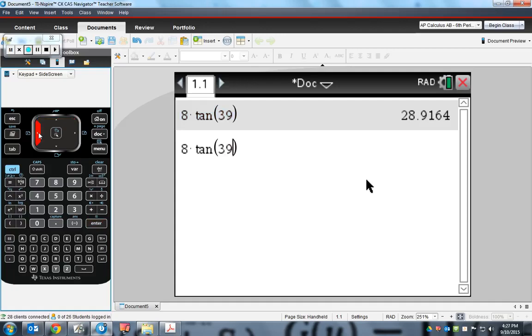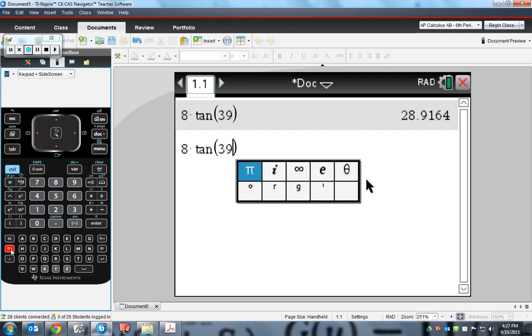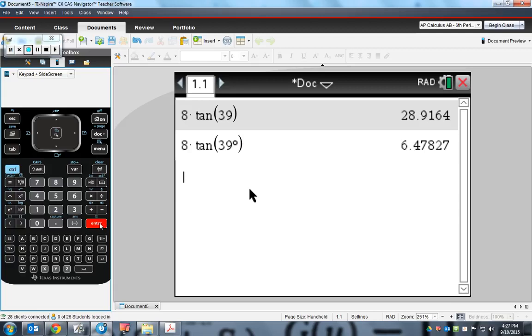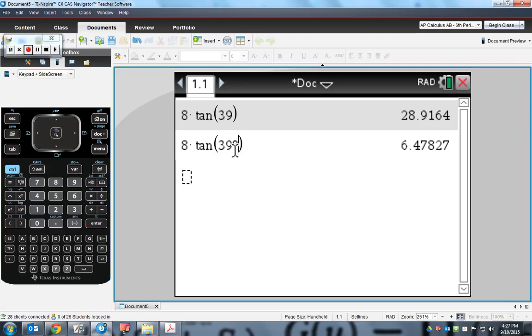But instead of 39, because it's interpreting 39 radians, we can press this pi button down here and insert a degree symbol. So that when we do, we get a different answer. This is the degree answer because it's in degree form. Now this is still in radian mode calculator-wise, but this degree symbol right here basically trumps it and says, I want you to solve that degree mode-wise.